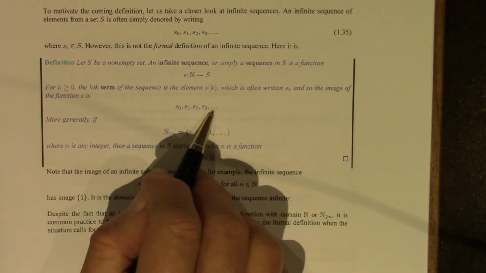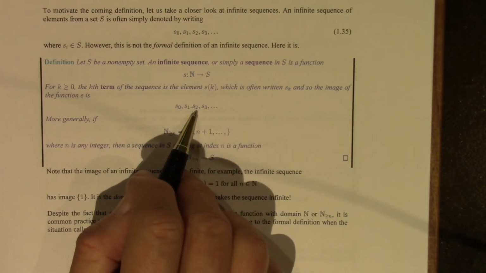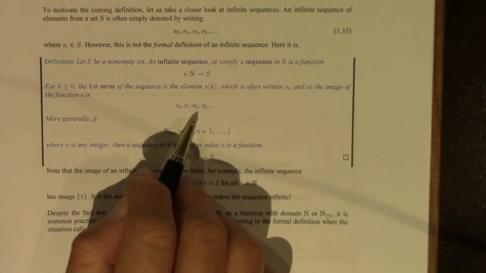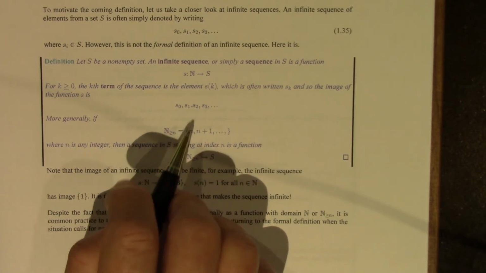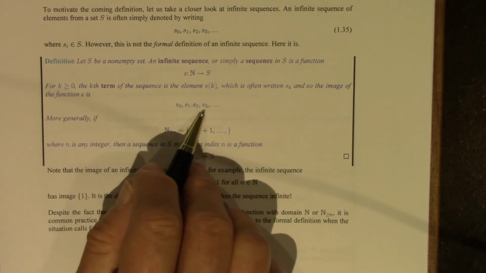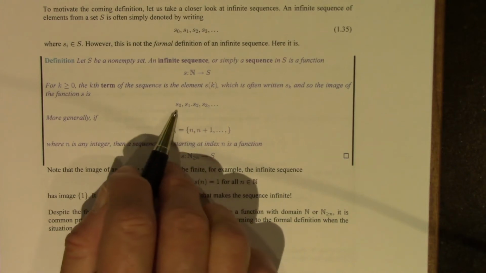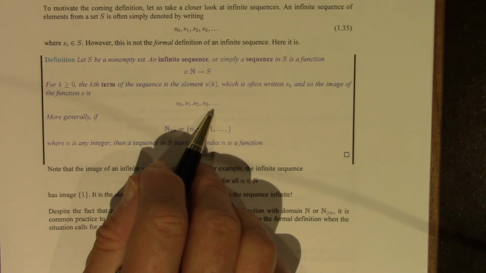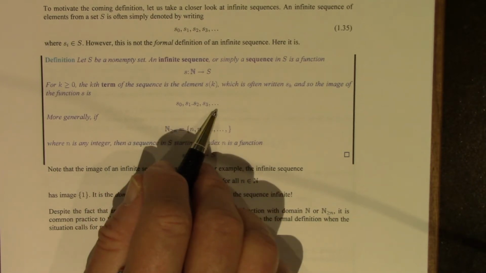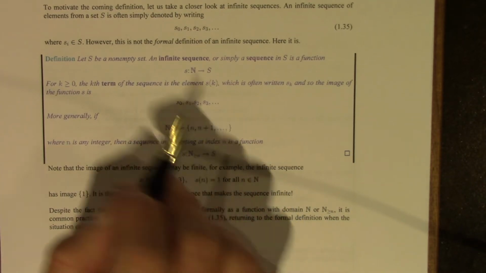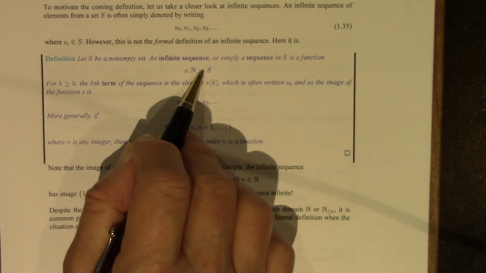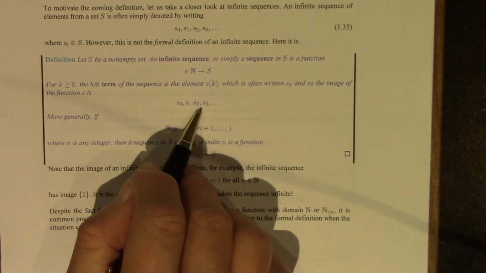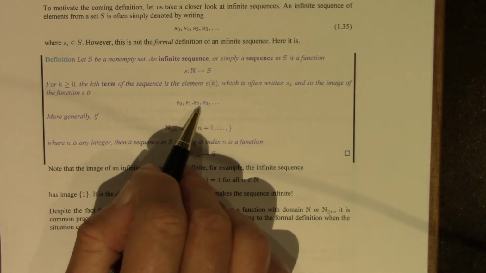So this is actually the set of images of the natural numbers, or we would say the image of the function, written in order here, the order designated by the index set, which is the natural numbers. So this is the formal definition. This is the way sequences are commonly denoted.